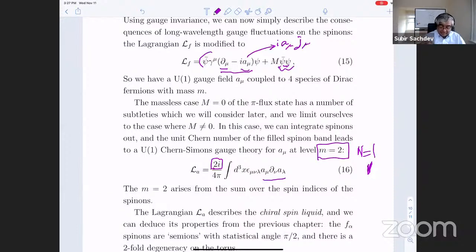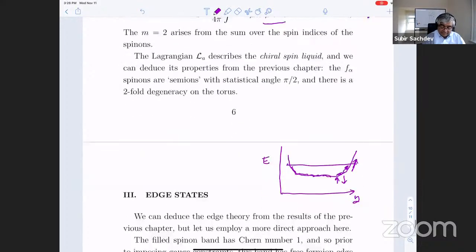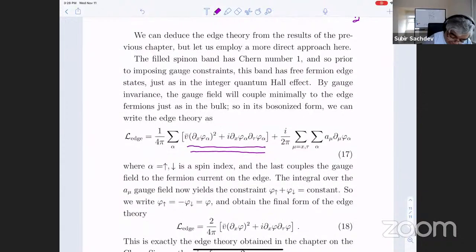So we had fermions on the edge. You must have a coupling A mu, J mu. But what is the current on the edge? Well, what we had learned was that the density was dx phi over 2 pi, and the current, up to a sign, was d tau phi over 2 pi.